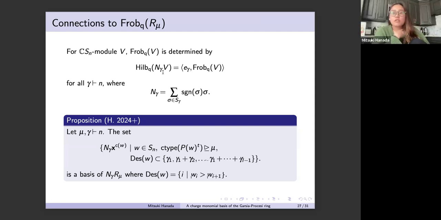I guess the natural way to come about it is this: it's coming from the fact that if you look at the Kostka number of lambda gamma, we classically think of it as all semi-standard Young tableaux of shape lambda and weight gamma. But you can rewrite that condition as all standard Young tableaux of shape lambda with the descent set given by this thing here.